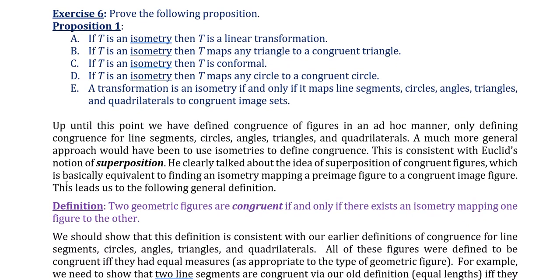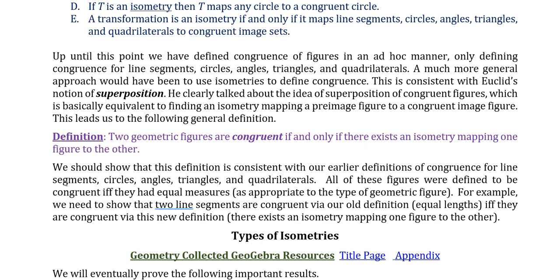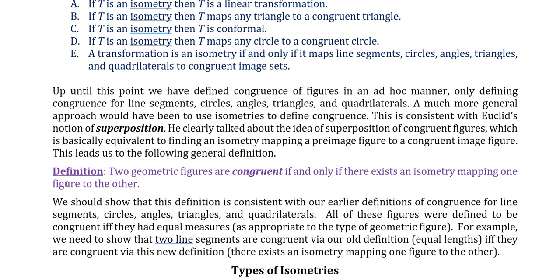So once again, up to this point, we defined congruence of figures in a really ad hoc manner, only defining congruence for line segments, circles, angles, triangles, and quadrilaterals. But we can take a much more general approach, using isometries to define congruence. This is very consistent with Euclid's notion of superposition.